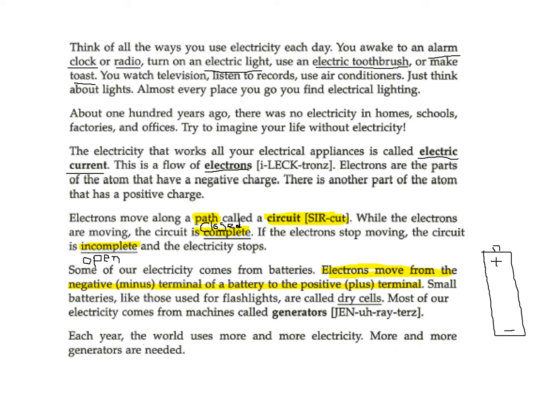That's how you put them together, right? So negative terminal means this side of the battery. Positive means this side. If you have a circuit, electrons always start to move from the negative side. So they're always moving this way, and then they come back to the positive side. Okay?